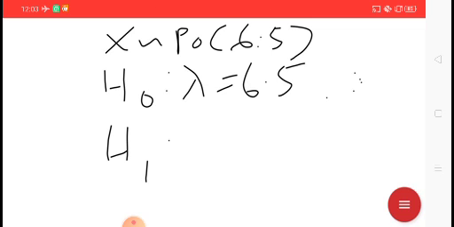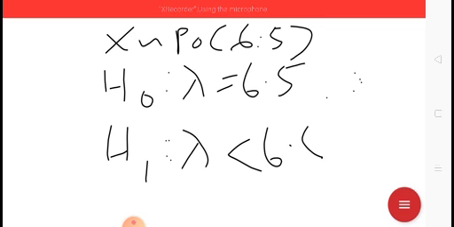And the alternative hypothesis H1, the question asks you to test whether it has decreased or not. Decrease means smaller. So these are your hypotheses, H0 and H1.